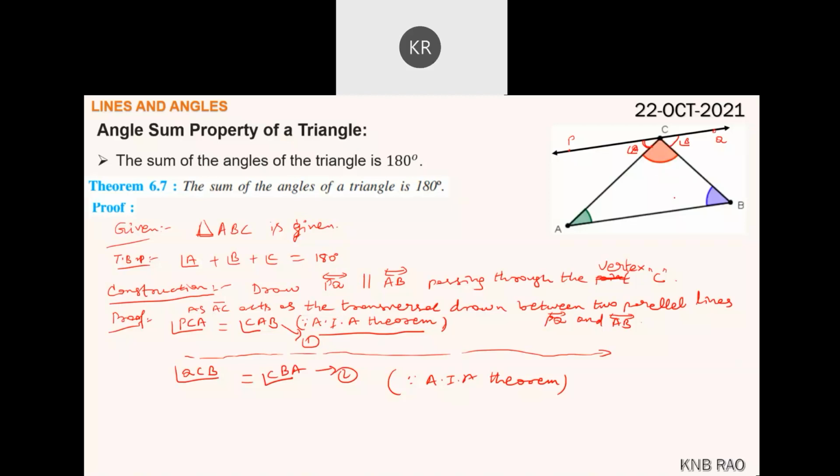Is there any theorem to say? Sir, axiom 6.1. What does axiom 6.1 tell you? Sir, linear pair. But a linear pair is a pair. Here you have got 3 angles.